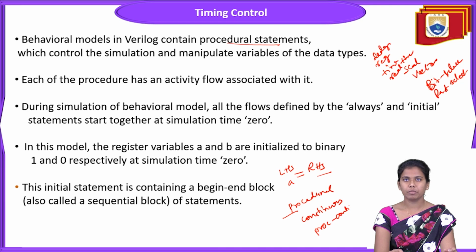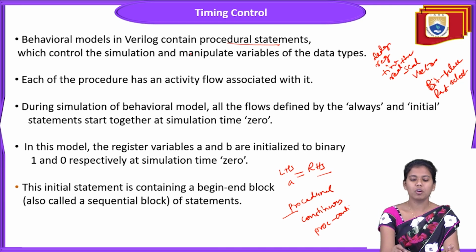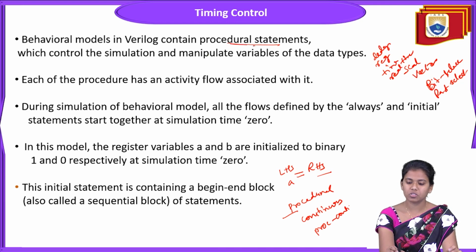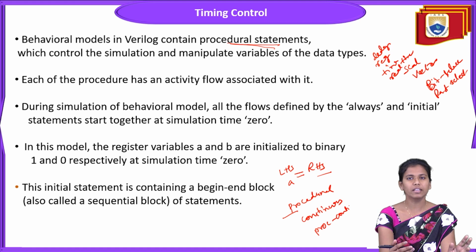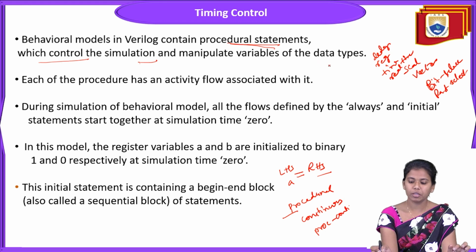Coming to the timing control, the behavioral model in Verilog contains procedural statements. Procedural statements consist of variables, in which some values have been dumped, and the representations of those variables could be in terms of register, timing controls, timing devices, real time and so on. These statements control the simulation and manipulate variables of the data type.